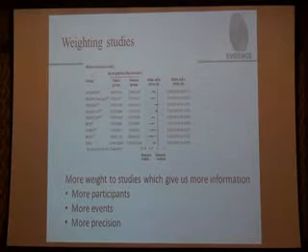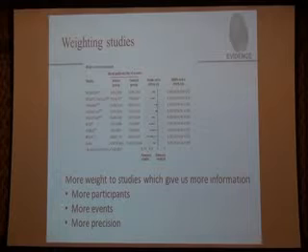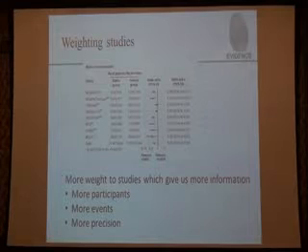There are different ways you can consider the studies different. For example, the larger the study, the more consideration. But also the more events, the more consideration. Because if you have a study with 10,000 participants, no events, it's difficult to tell if the treatment or the control was better. There were no events, so they were identical.